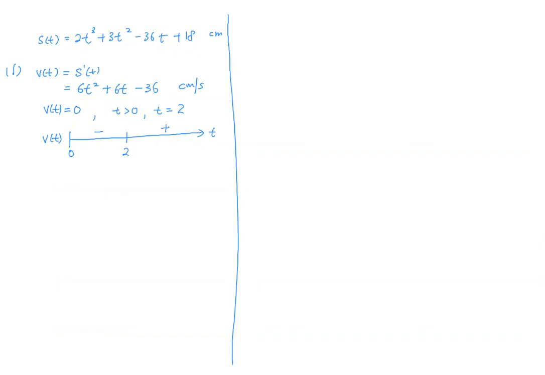Okay, now they ask for A(t). So you differentiate this again, 12t plus 6. This is centimeter per second per second. So for A(t), everyone, we put A(t) equal to 0. So 12t plus 6 equal to 0. t is greater than 0, so no solution.